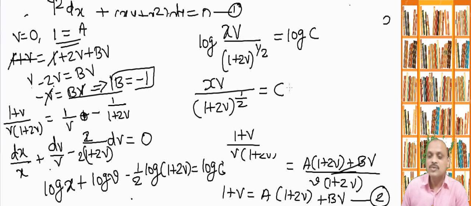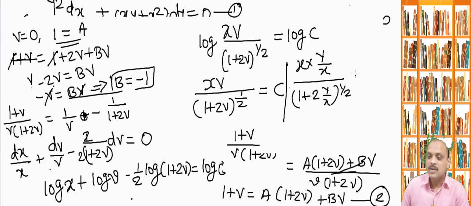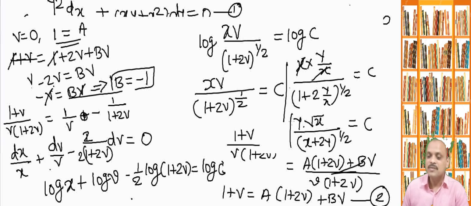Now let us put the value of y: x into y by x divided by 1 plus 2 into y by x whole raised to 1 by 2 equal to c. This x gets cancelled. Now we can take the reciprocal, so this root x in the denominator goes to the numerator: y into root x divided by x plus 2y whole raised to 1 by 2 equal to c. Now this is the solution of this differential equation.